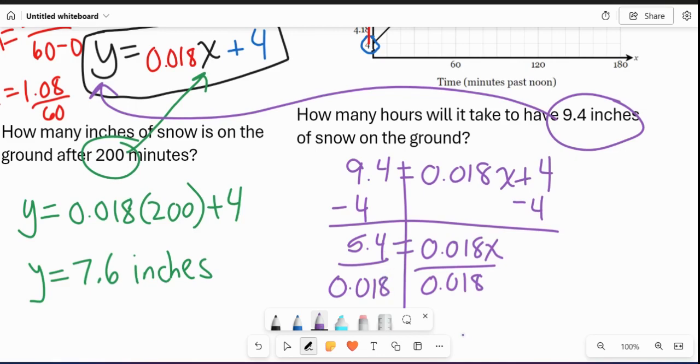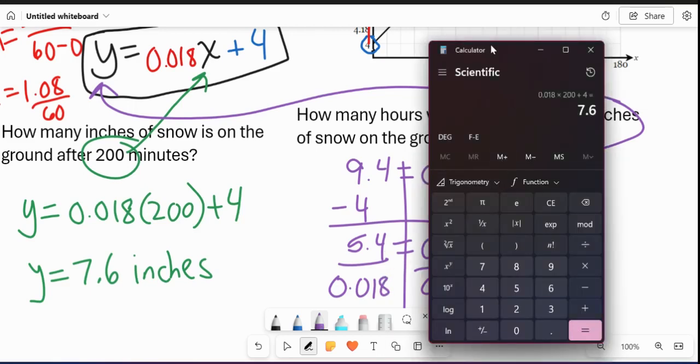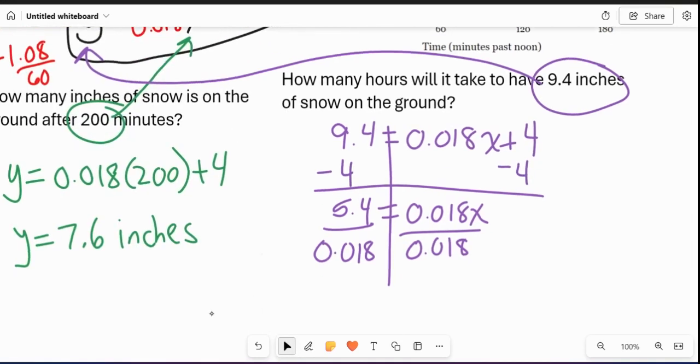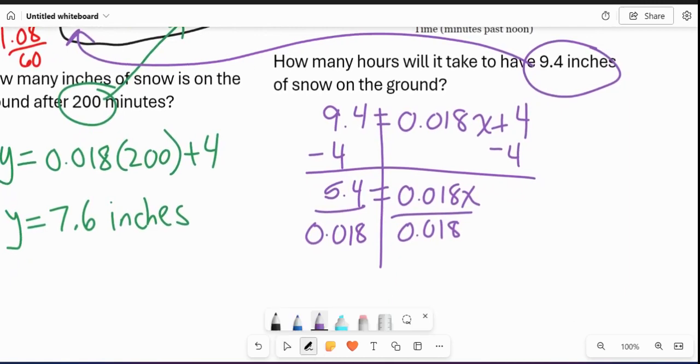And let's use our calculator. 5.4 divided by 0.018, and that is 300. So it will take 300 what? Minutes. Remember, x is my minutes, but this is asking how many hours.